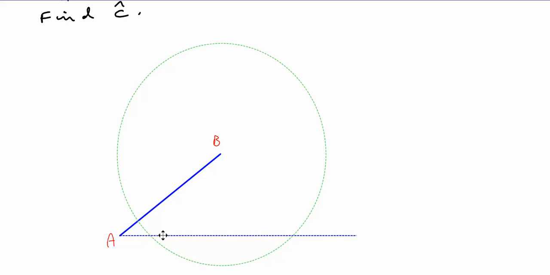We can see where the circle cuts the horizontal line here. We can see it cuts it at 2 points, which means there are 2 possible positions of C, so that BC equals 5. We can either draw BC like this, or we could draw BC like this.